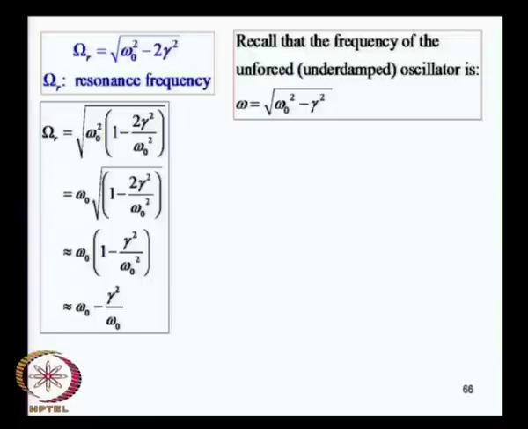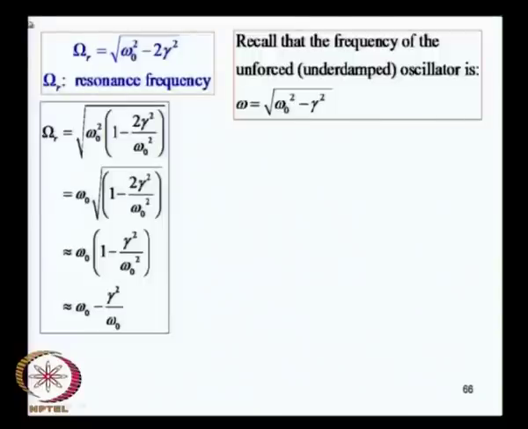And we can now develop a small approximation to this, which makes our discussion a little simpler. In this square root I factor out omega 0 square. So, the remaining term is 1 minus twice gamma square divided by omega 0 square. The square root of omega 0 square gives me omega 0 outside, and under the square root I have 1 minus twice gamma square over omega 0 square, which is nothing but this bracket to the power 1/2, which I can expand and retain the leading terms.